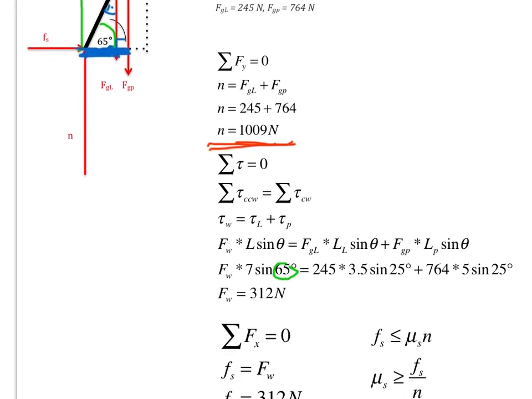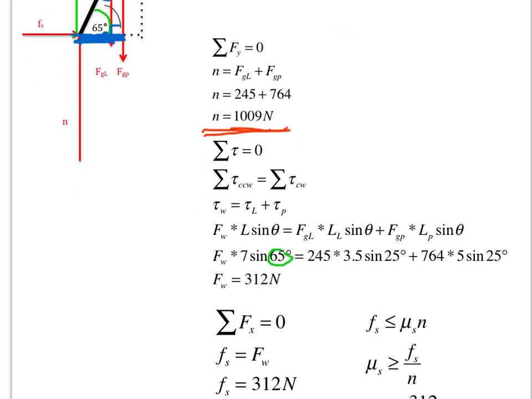So I've got the weight of the person right here times the 5 meters. They're 5 meters up at 25 degrees. Doing all this math, I end up with 312 newtons as the force of the wall.